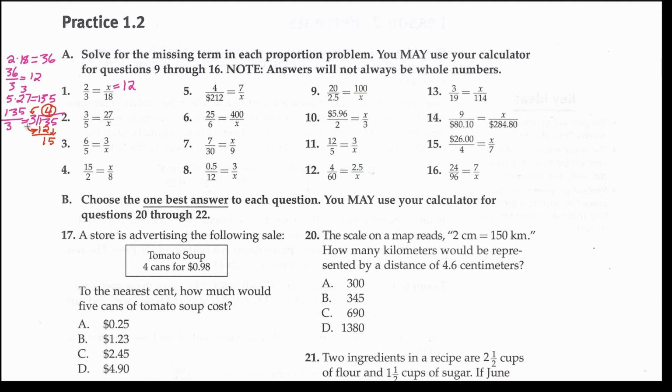So 3 goes into 15. That's 5 times. Put 5 over here. So 5 times 3 is 15. Subtract, you have 0. So the answer for x is going to be 45.